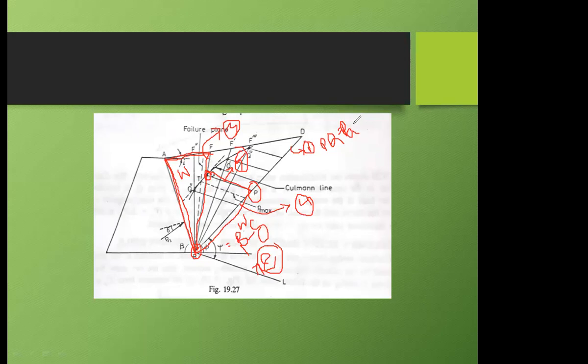Active earth pressure of what? Coulomb's. Right. So it is the Coulomb's active earth pressure for the assumed failure plane BF. See, the PA is only about the failure plane BF. It is only regarding BF, or you can say it is about the ABF wedge.